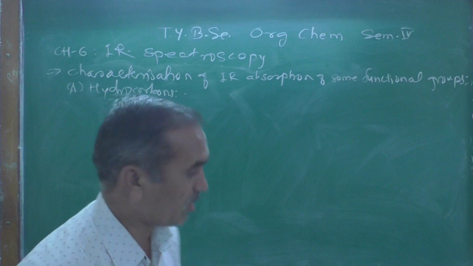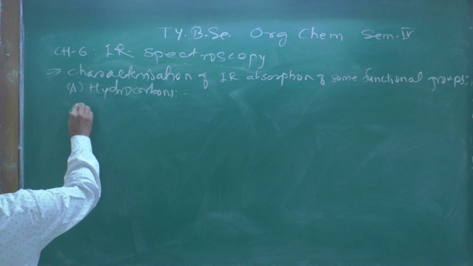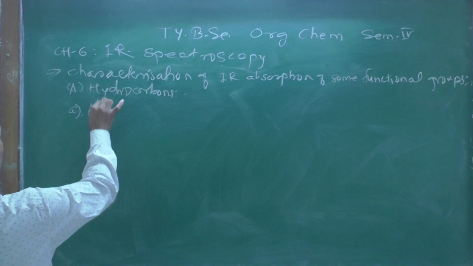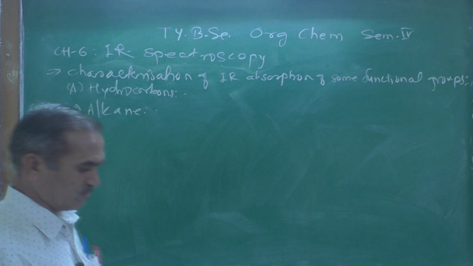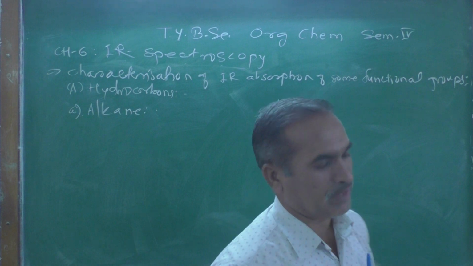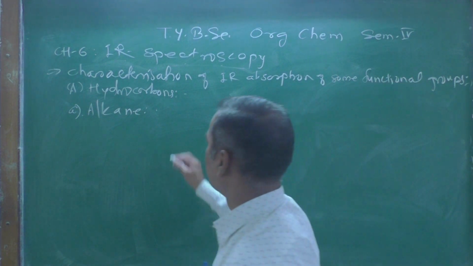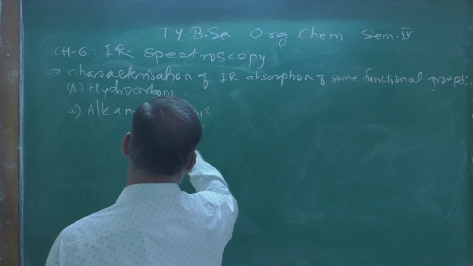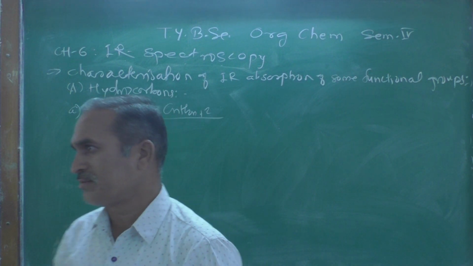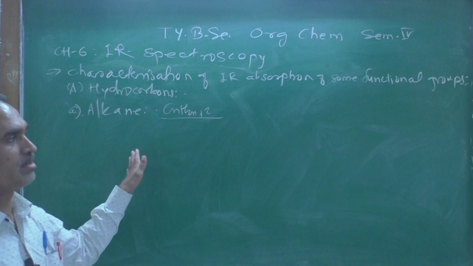Let's see, the first one is alkane. The organic compound having the general formula CnH2n+2 is known as alkane, where n indicates the number of carbon atoms.